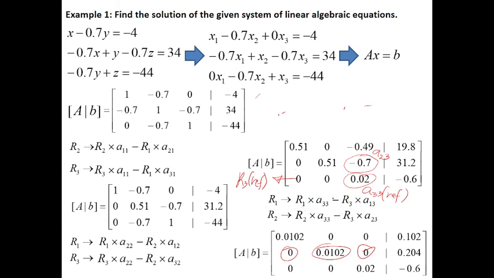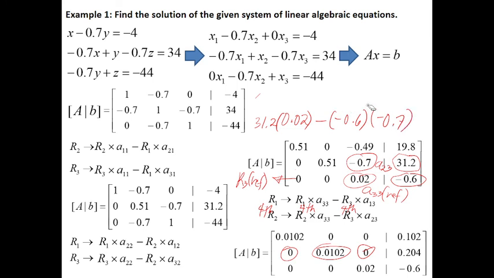Okay, so considering the fourth element, we start with row 2, fourth element, 31.2. 31.2 multiplied by A33, 0.02, minus the negative 0.6 multiplied by negative 0.7. Okay, what will we get? Let's check the calculator.